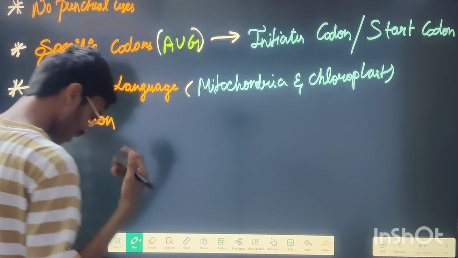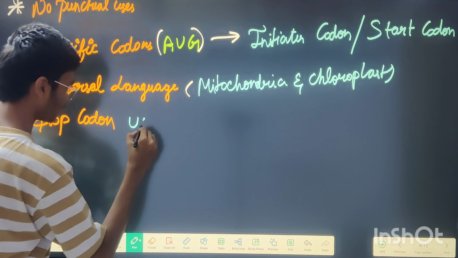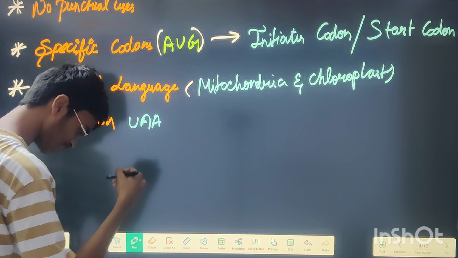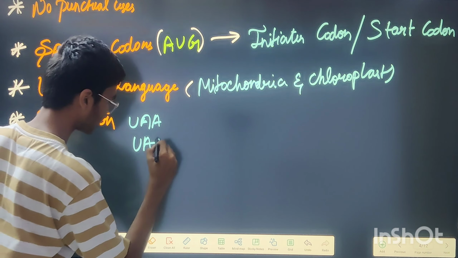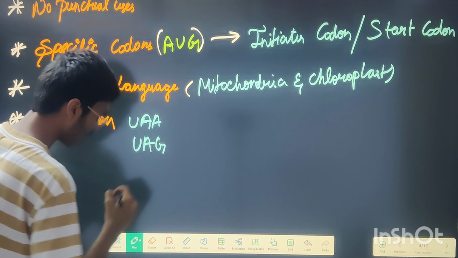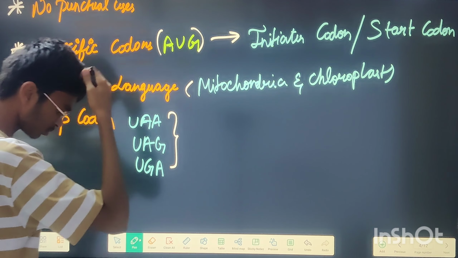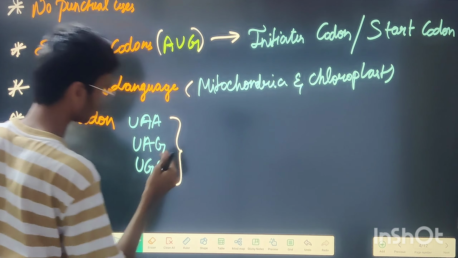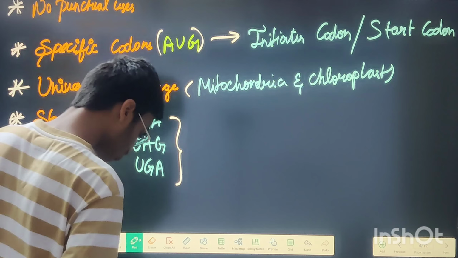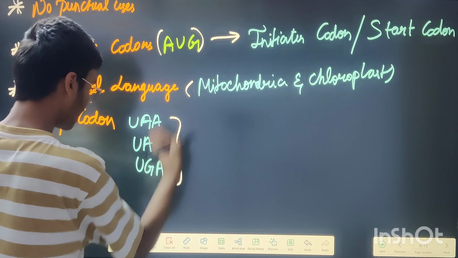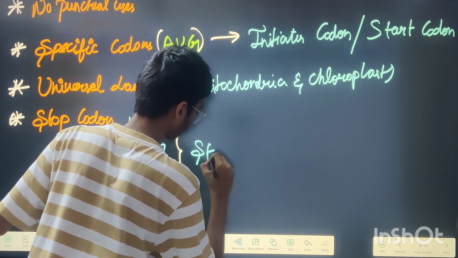We have UAA, then UAG, then UGA. What does it mean? It means they do not code for any amino acid. These three are the stop codons.